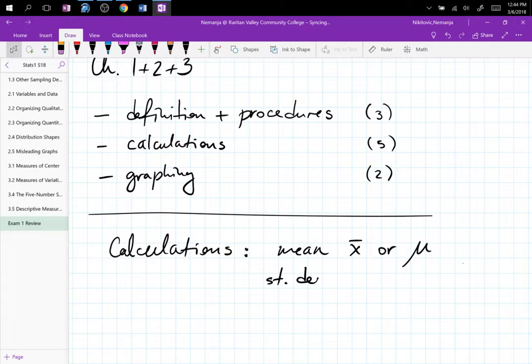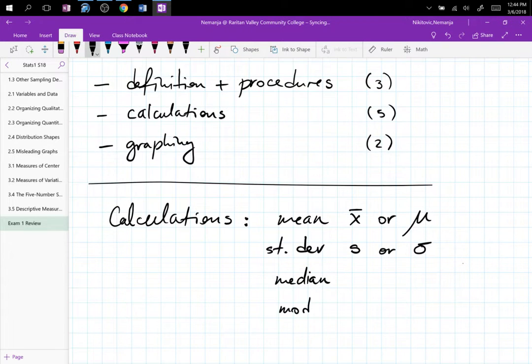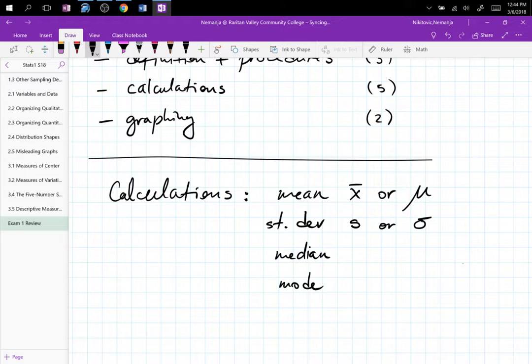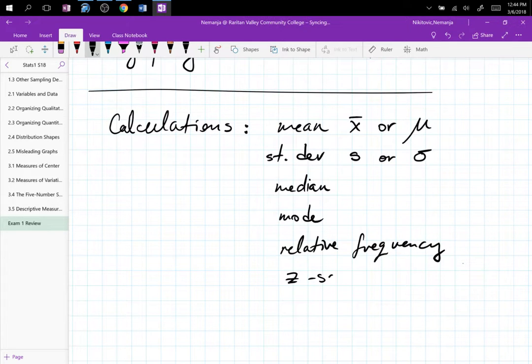We have standard deviation, which is either S for sample or sigma for population. We have median. We have mode. We have relative frequency. Don't forget that one. We have z-score calculation.